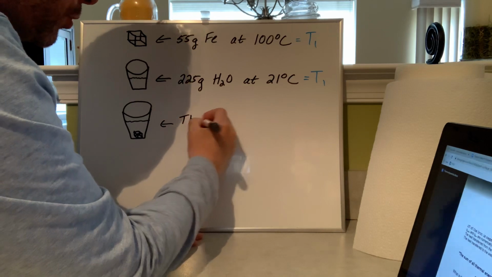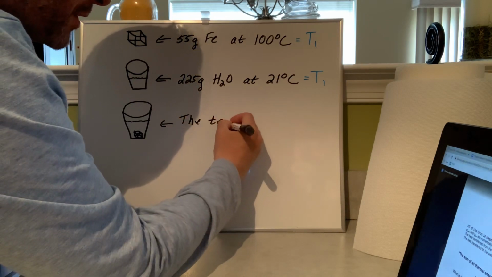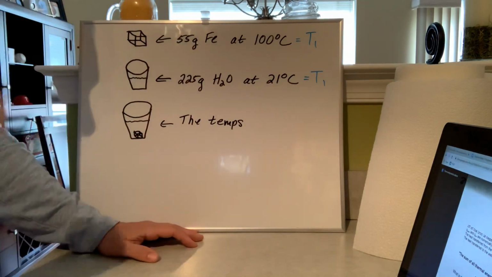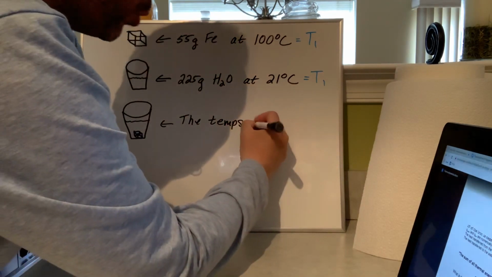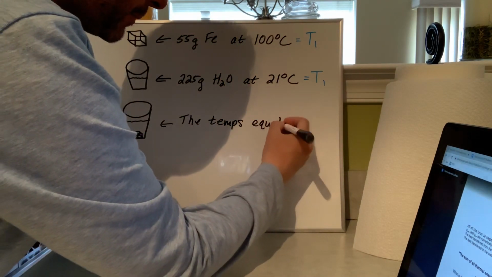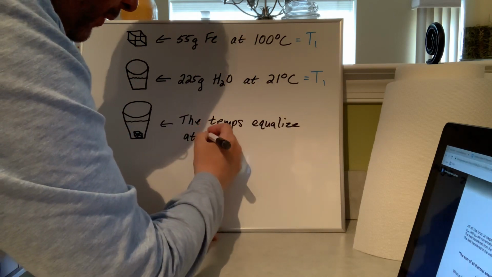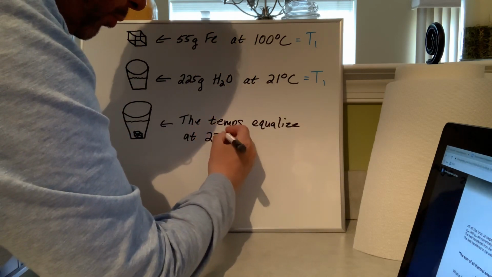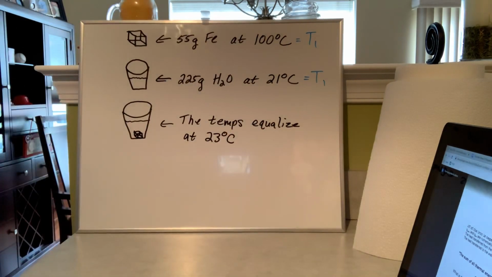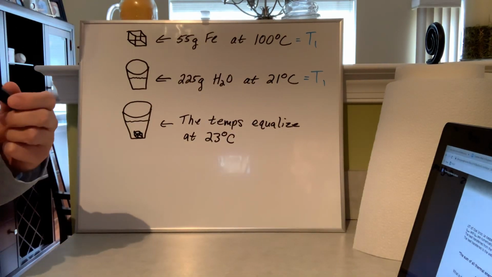I'm going to abbreviate temperatures as temps. The temps equalize at, I think it's 23 degrees Celsius. I'll go back and check it, but I'm pretty sure it is. Okay. The temperatures equalize at 23 degrees Celsius.